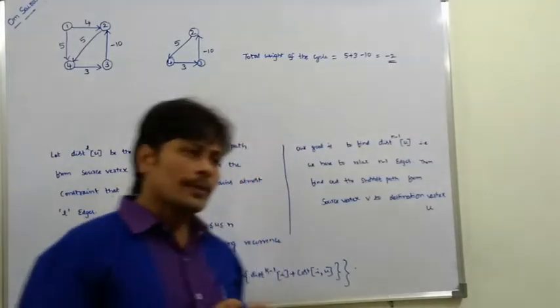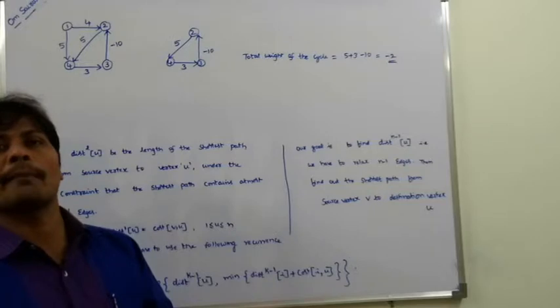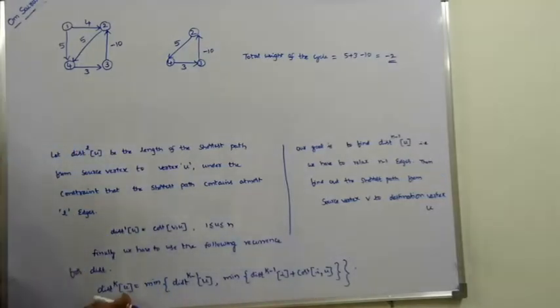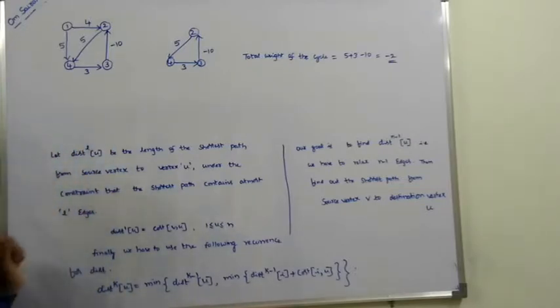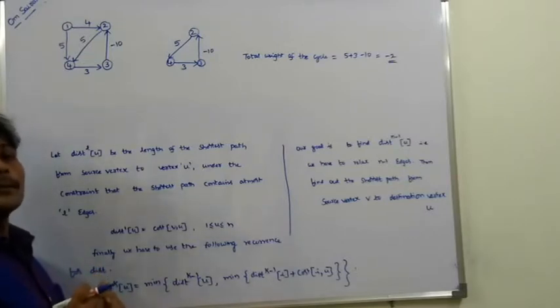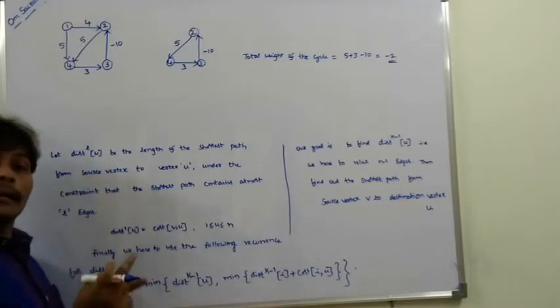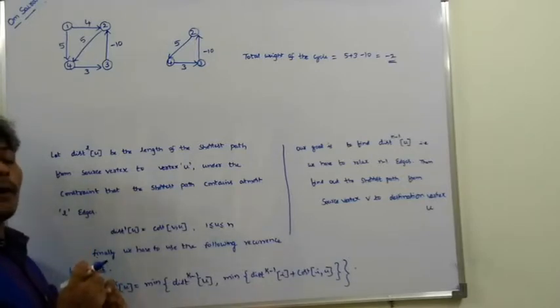Next, suppose we want to find the shortest path from the source vertex to all the remaining vertices of the given graph, we have to use this formula. Before going to this formula, first, dist power L of u. What is the meaning of this? Here it is the distance from the source vertex to the destination vertex u under the constraint that this path contains at most L number of edges.